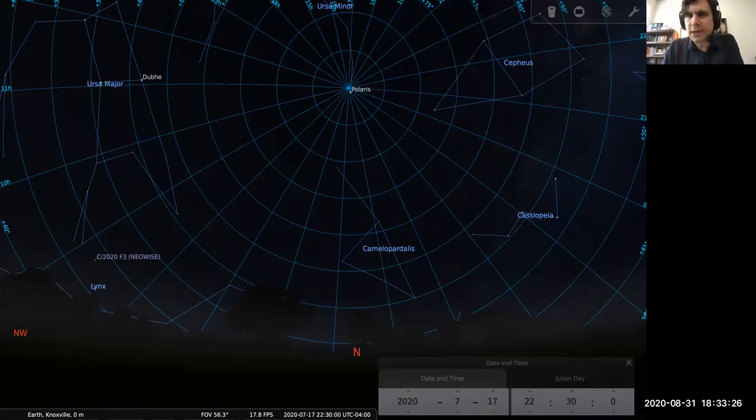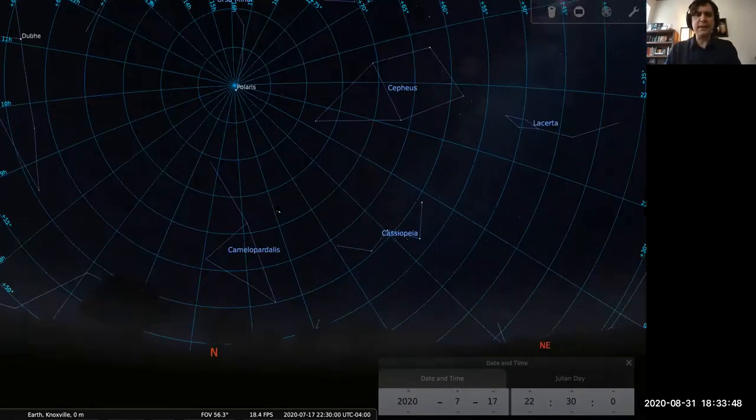So you can see that here we have plus 70 degrees declination, plus 75, plus 80, plus 85, plus 90, right at the north celestial pole. And here you might be able to see the hours are indicated. So here's 15 hours, 18 hours, so on and so forth for our lines of right ascension.